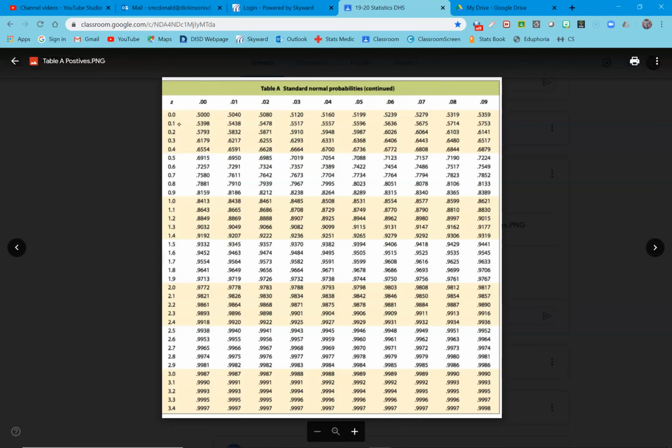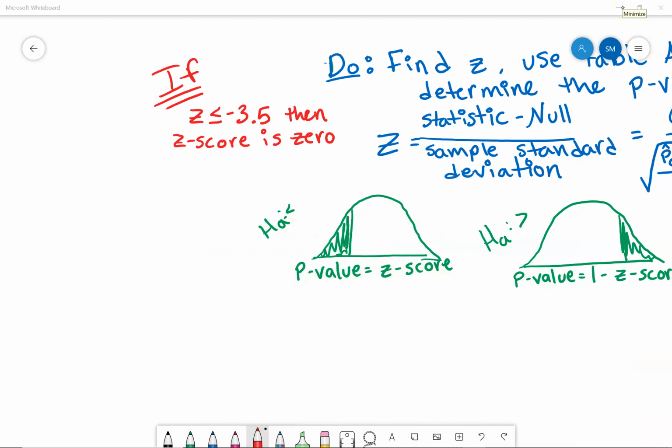So once we get to 3.5 and above, we're just going to say that the z-score is 1. So if z is greater than or equal to positive 3.5, then the z-score is 1. And that's really important for you guys to know.